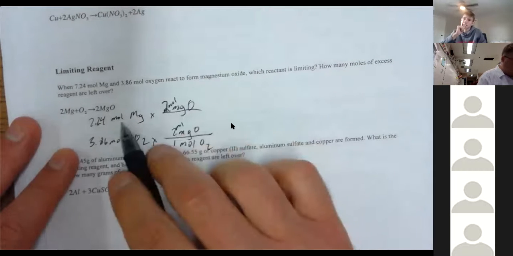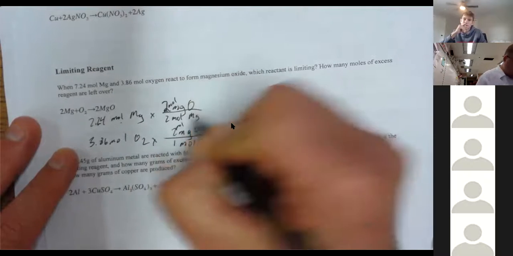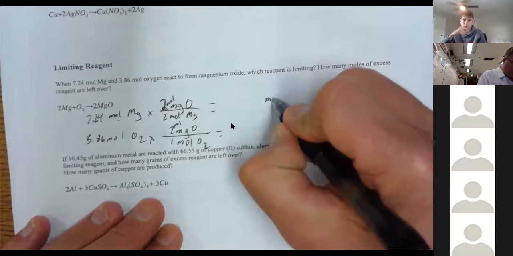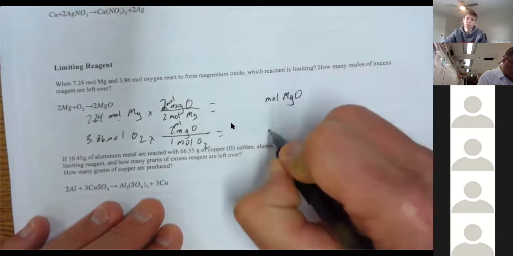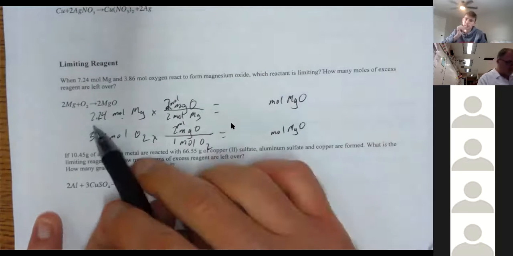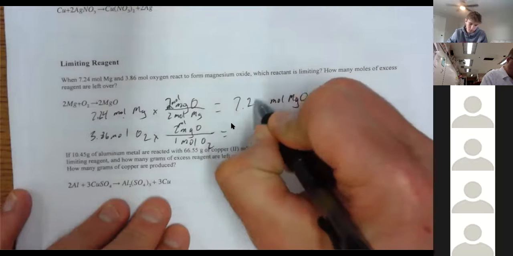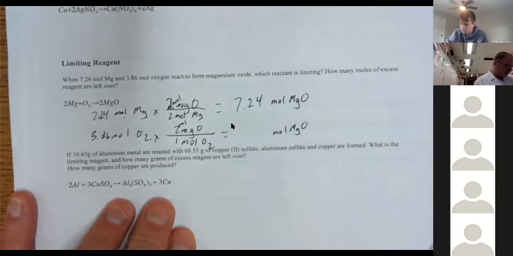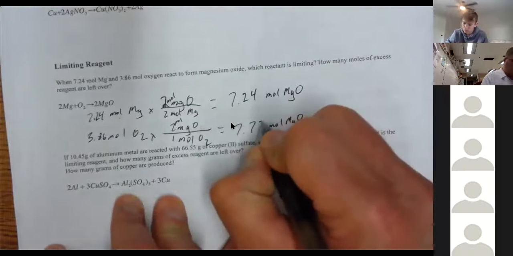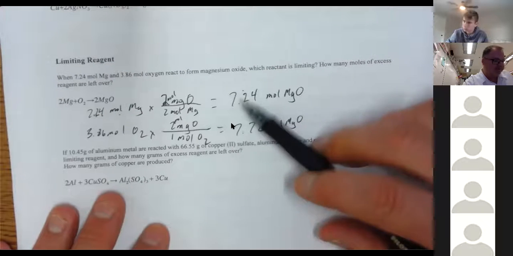And every 2 moles of magnesium oxide needs 2 moles of magnesium. So that will tell us how many moles of magnesium oxide each of these can make. This is just going to be 7.24 because the 2 and 2 cancel out. And 3.86 times 2 is 7.72.